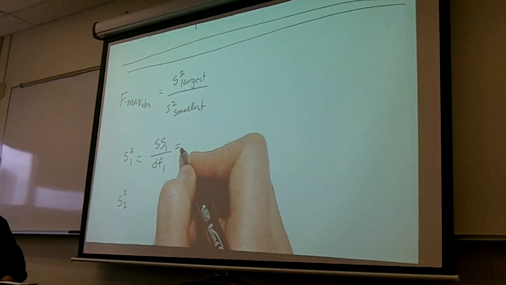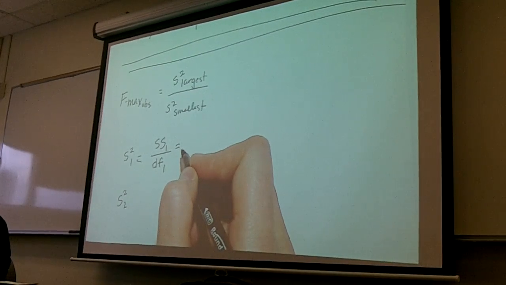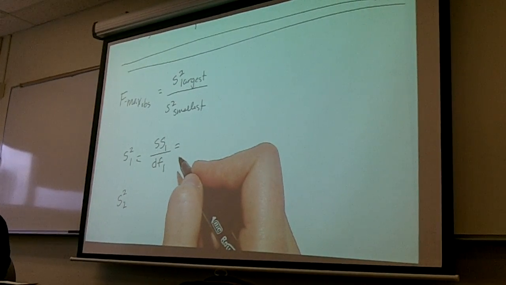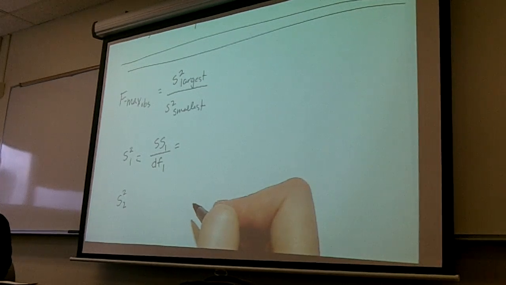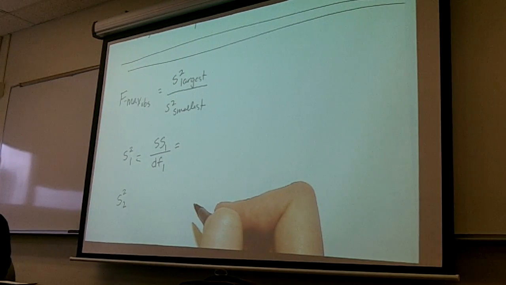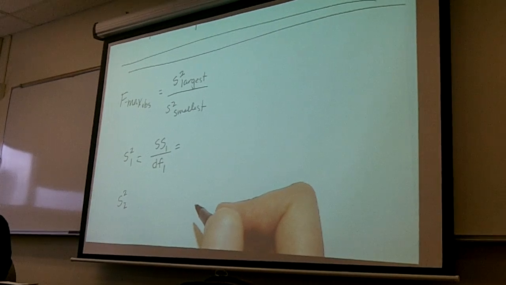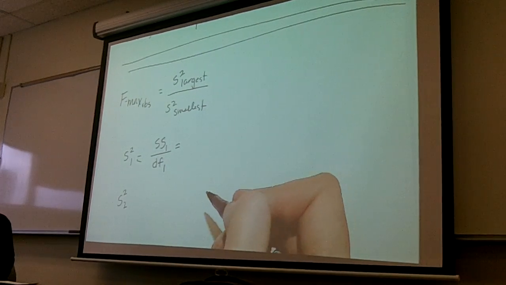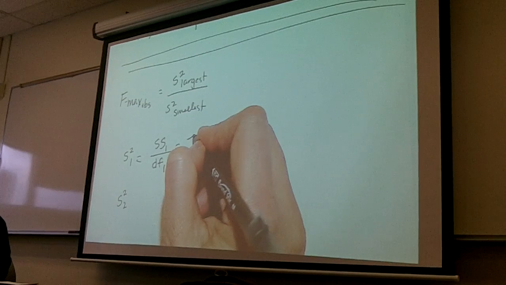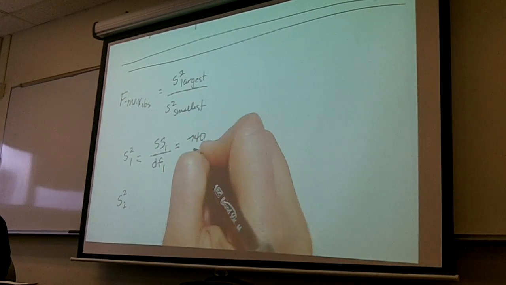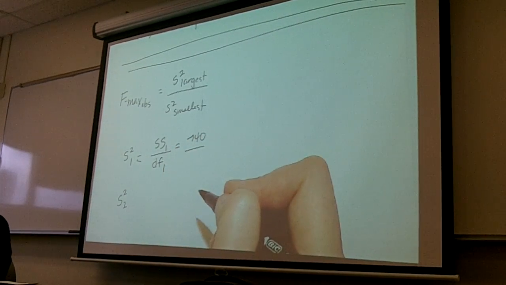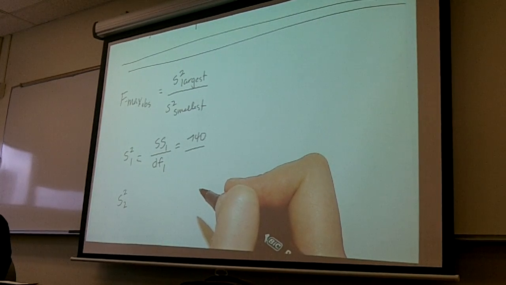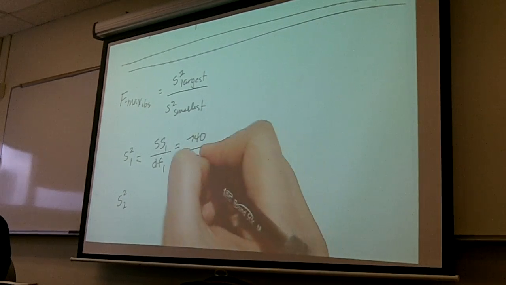Now if we look at number 3, again we've got type A and type B. So in this case, A1, B2. Is that okay? Okay. So the sum of squares for group 1, type A, is 740. And the degrees of freedom for group 1, or the type A group, is 8 minus 1, so that's 7.